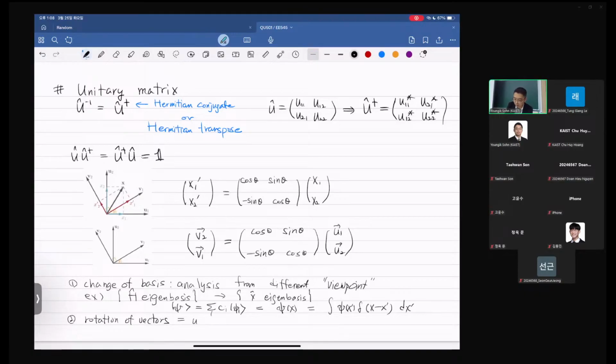When you usually say unitary transformation in quantum mechanics, it is usually used in this context. Unitary transformation basically represents the quantum state change or evolution, which we have learned. Quantum state evolution means the changing over time.